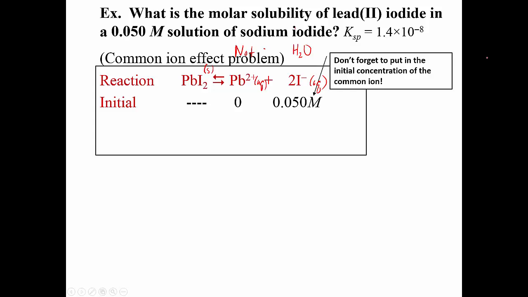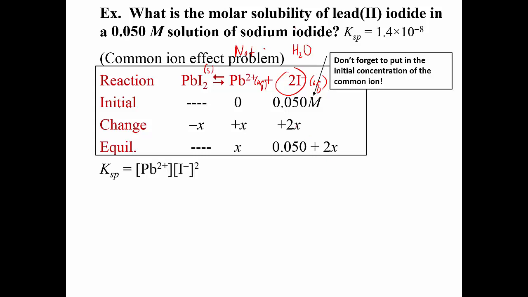So this time, when you have your change, that won't change. We have our 2. But your equilibrium, that's where you are going to see a little bit of the difference.